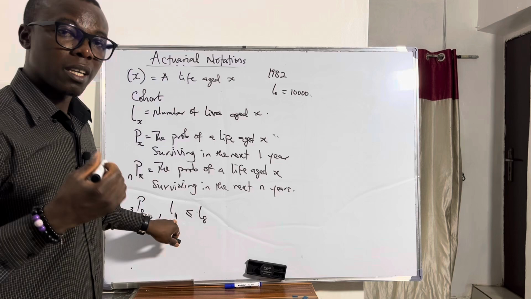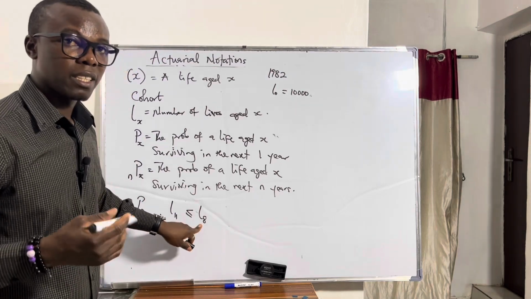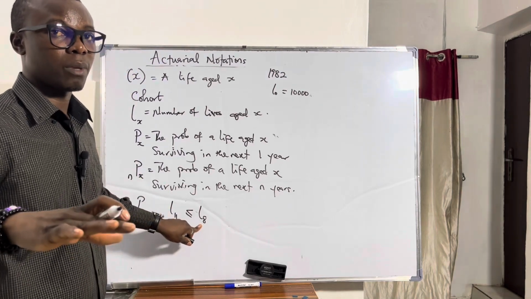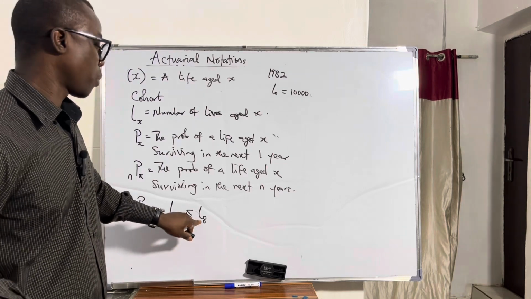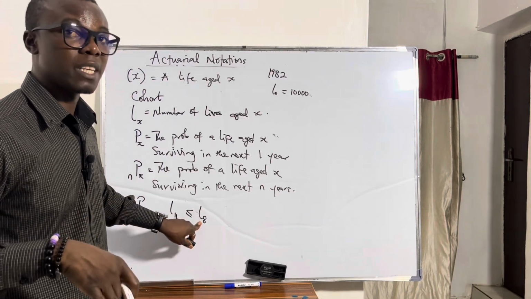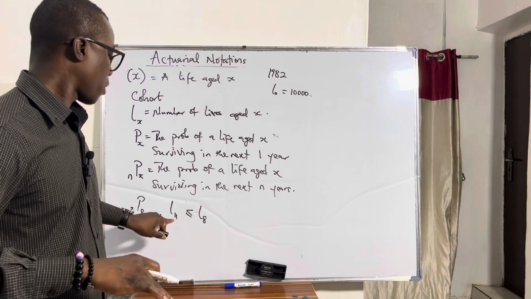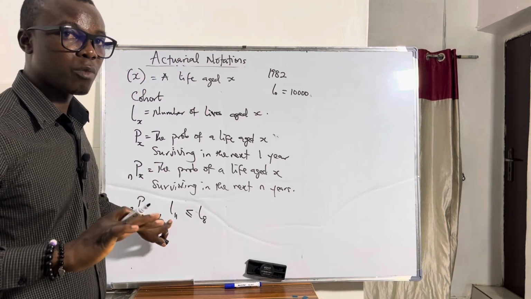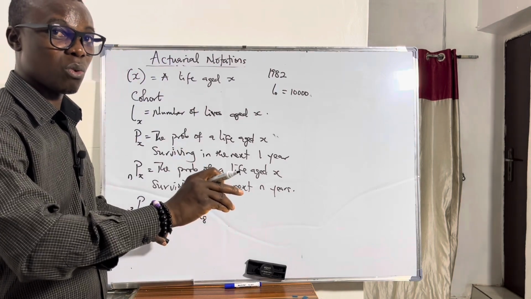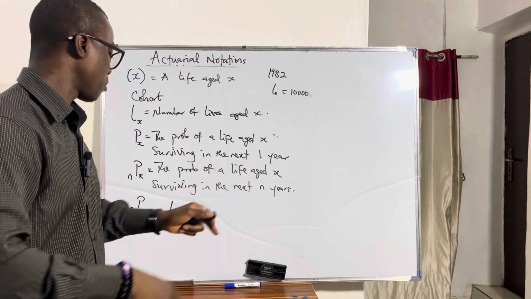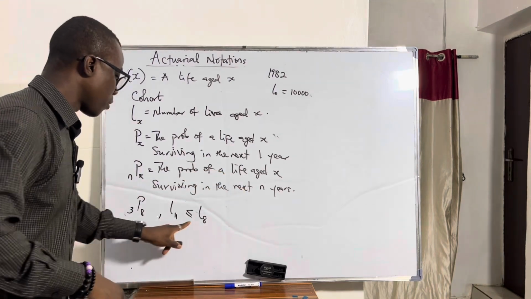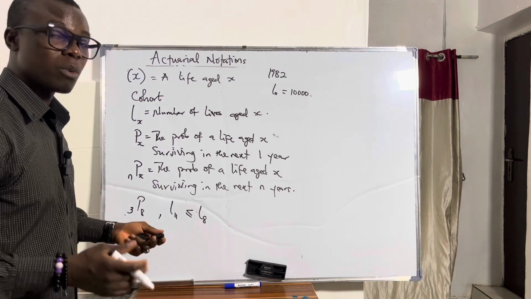If L11 is equal to L8, it means no death was recorded in this cohort: the number alive when they were all 8 years old is the same as when they were all 11 years old. That particular cohort, they were all born in the same year. So L11 is less than or equal to L8.